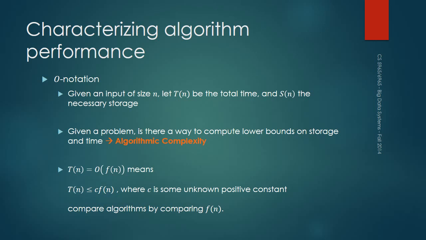So the most common way in which we're going to assess algorithmic complexity, this is not actual measurement, but considering the algorithm, not considering the architecture, maybe sometimes considering the architecture, but not considering the actual programming, is going to be using the big O notation, which is basically saying that if you have an input size of n, we basically want some estimates on total runtime, which I'm giving here by T of n, and S of n, which is the necessary storage. In most of these big data type applications, these are the two important considerations.